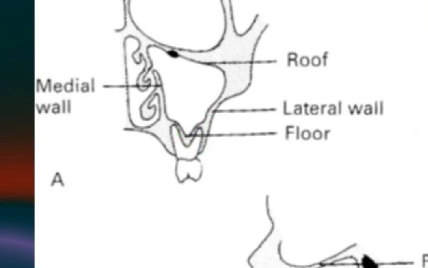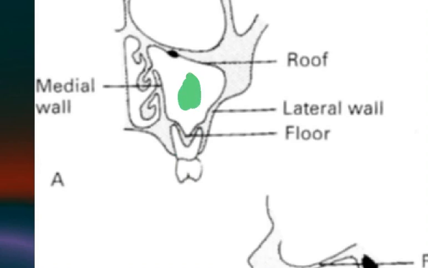and you see it's in close proximity to the roots of upper molars. So it's very important when doing extraction for upper molars not to use push force. The push force will break the bone separating the roots from the sinus, and if that happens there will be perforation.